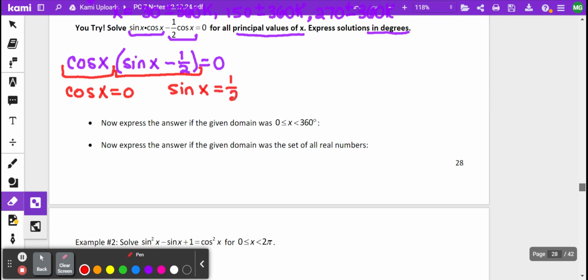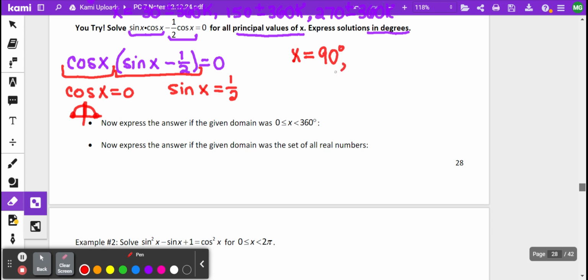So we have to think about this very carefully. For cosine of x, again, it said principal values. So the principal values for that are from 0 to 180. So where is cosine of x 0? Well, it's right here at 90 degrees. So x equals 90 degrees.